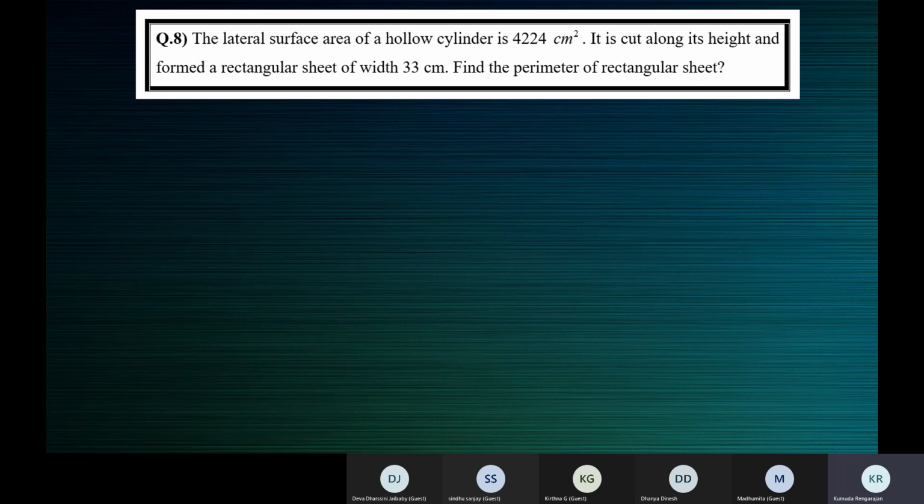For the hollow cylinder, what are you given? You're given the curved surface area, and it is cut along the height and opens to a rectangle of width 33 centimeters. Find the perimeter of the rectangular sheet.